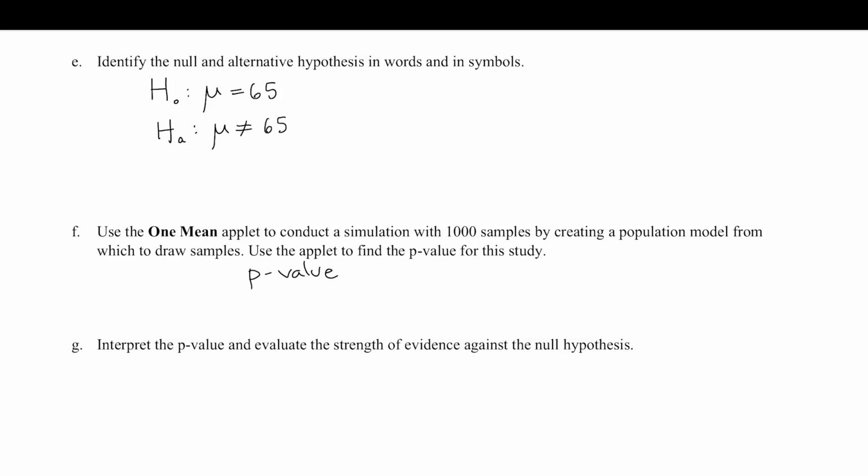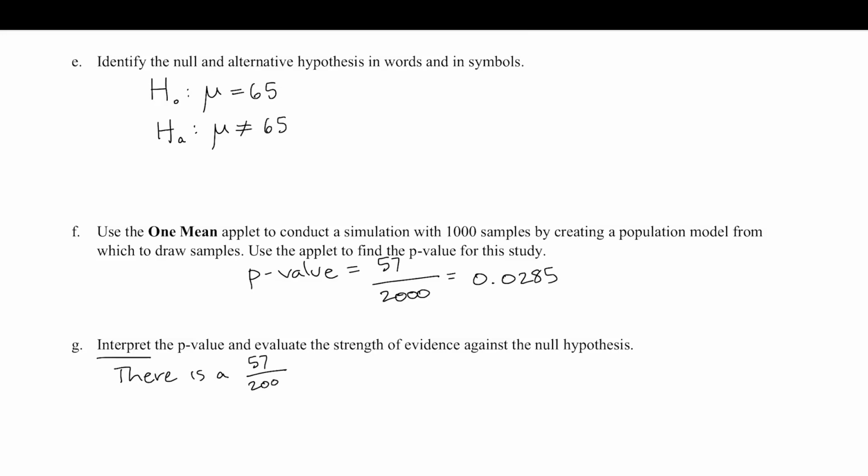So the p-value for this study, for me, because I accidentally took 2,000 samples, was 57 out of 2,000, but it also gave me the decimal for that, 0.0285. So interpret the p-value. This again is a probability of what, assuming what.